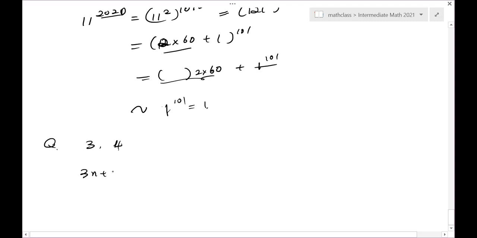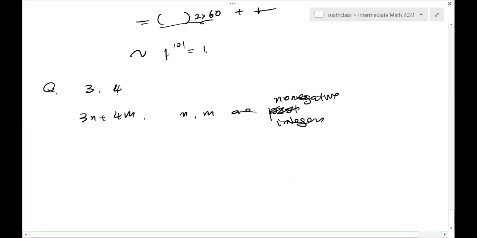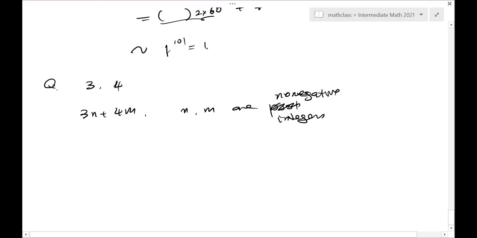Then 3n plus 4m, where n and m are non-negative integers. Can we express all the integers using this form? That's a research problem.